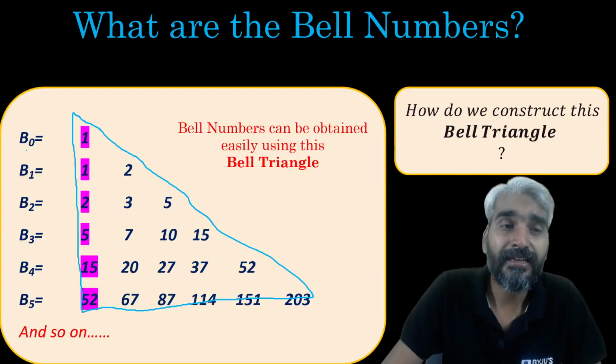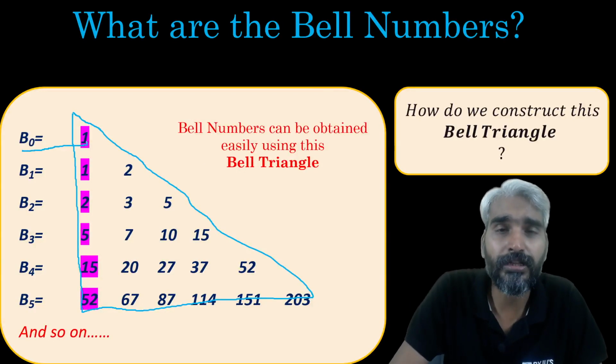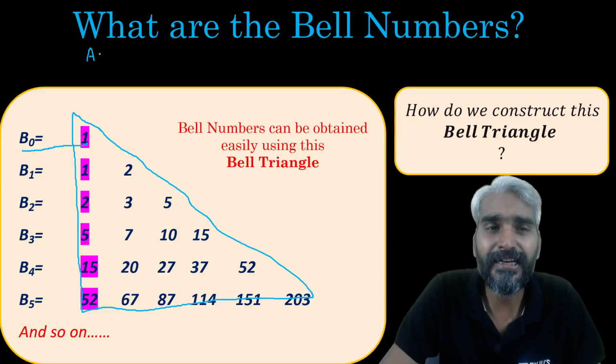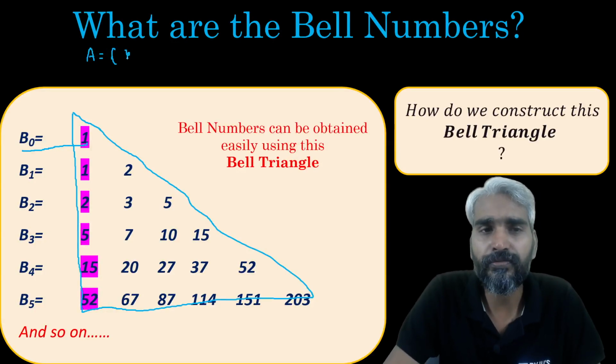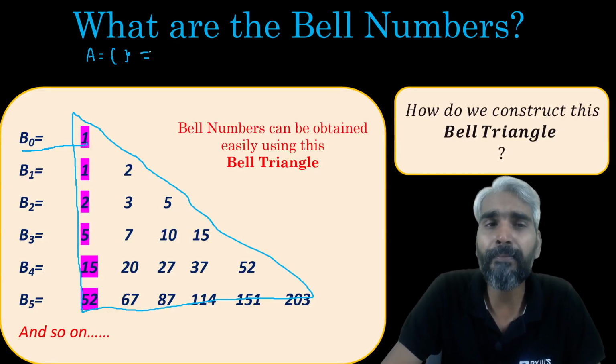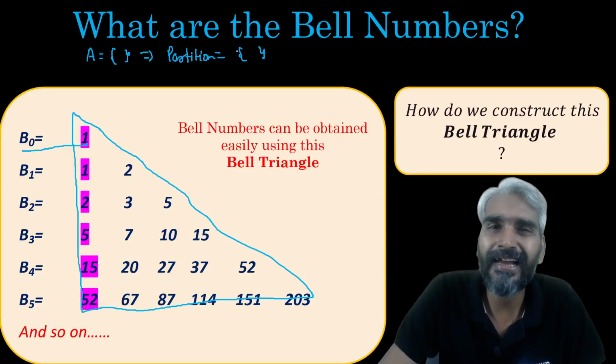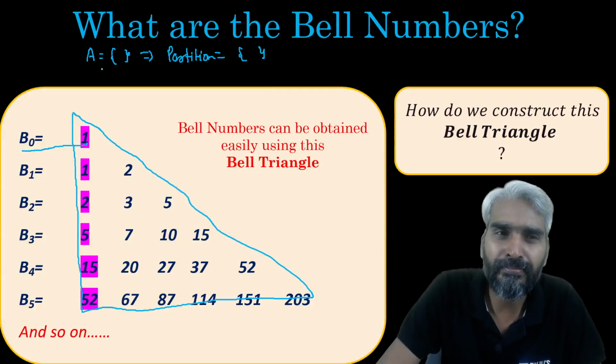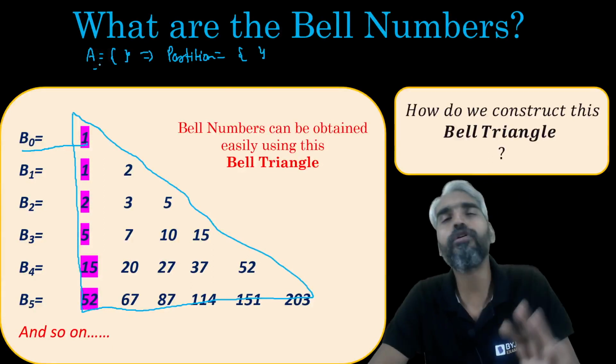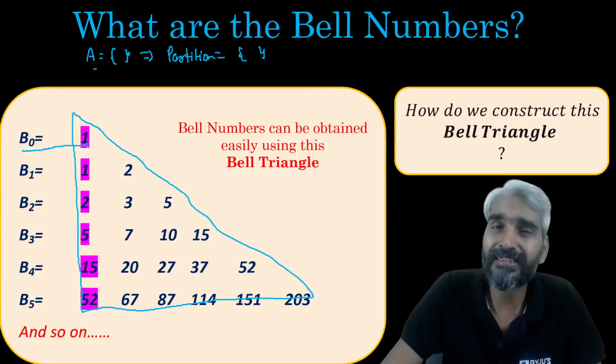Initially, this is the initial condition: B0 is equal to 1. If there is a set A which consists of 0 elements, then how many partitions of this set A are there? There will be only one partition, which will not contain any non-empty subset of set A, because there is no non-empty subset of set A. So you start with this number.